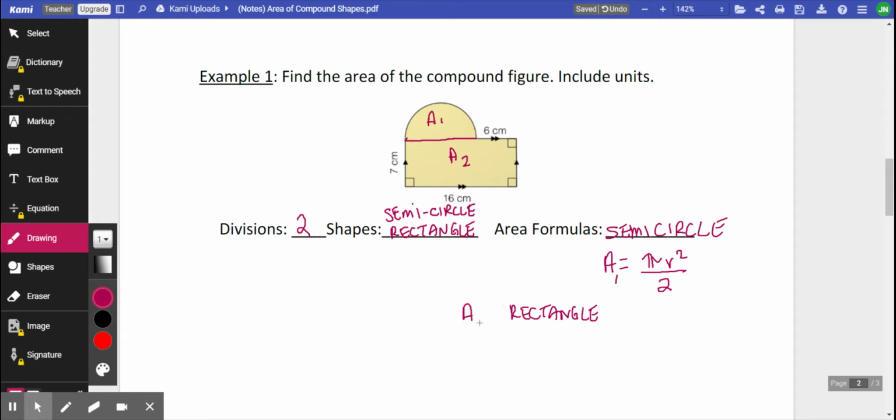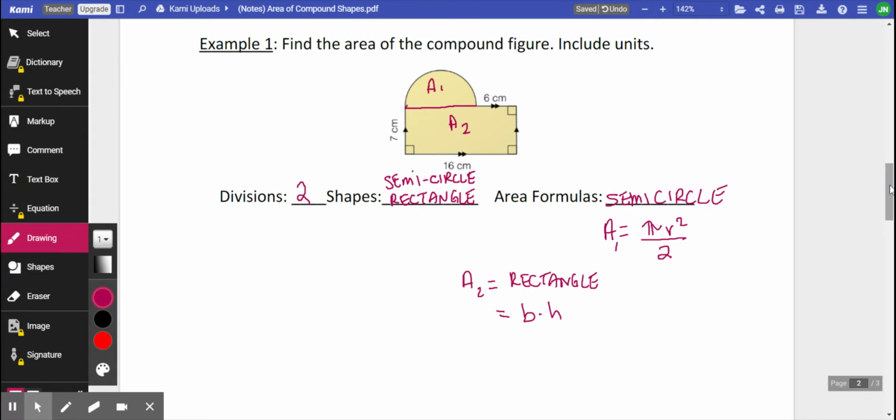The other one was area 1. The area formula for the rectangle is pretty easy peasy. It's just base times height. Once you know the base and the height for the rectangle, and once you know the radius of that specific circle, then you can figure out the area of the whole compound shape.